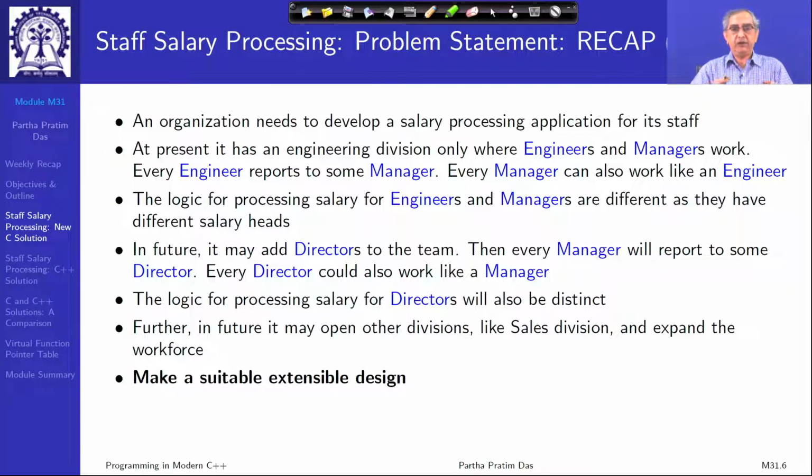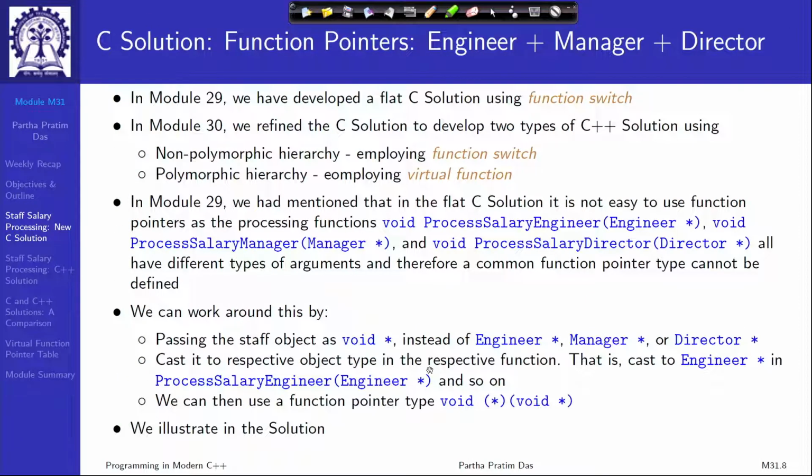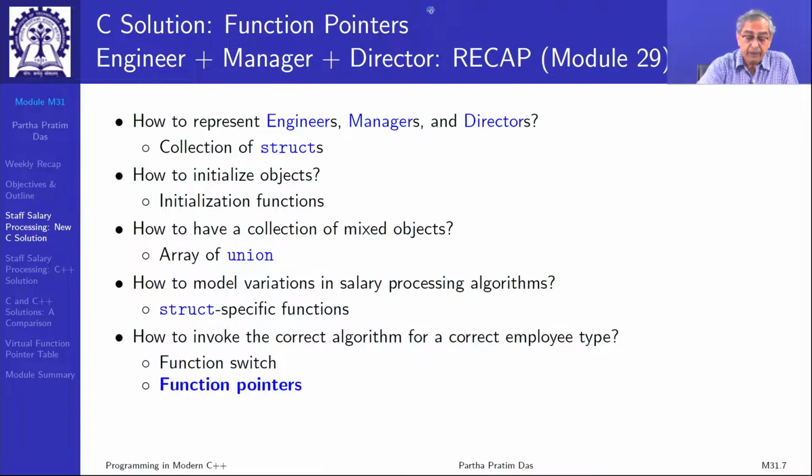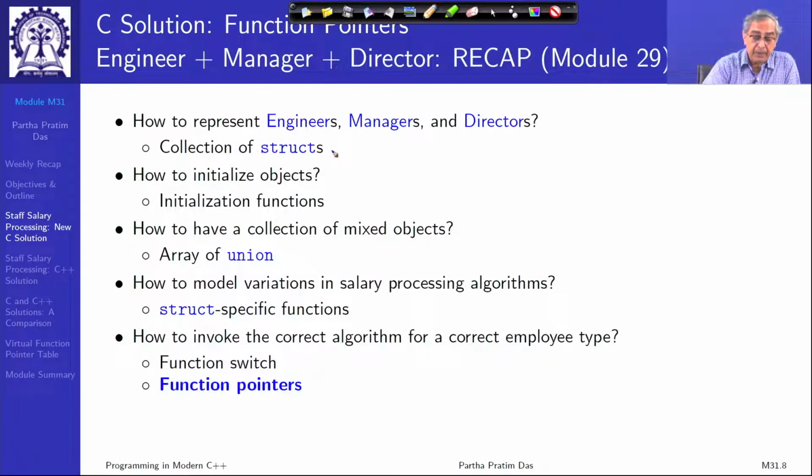The salary processing logic for each type of employee is different. So, we want to model these employees and the salary processing and to make sure that, given an aggregate of employees, we are able to process their salaries through a suitable and extendable design. These are the basic questions that we started with, and nothing much changes here.